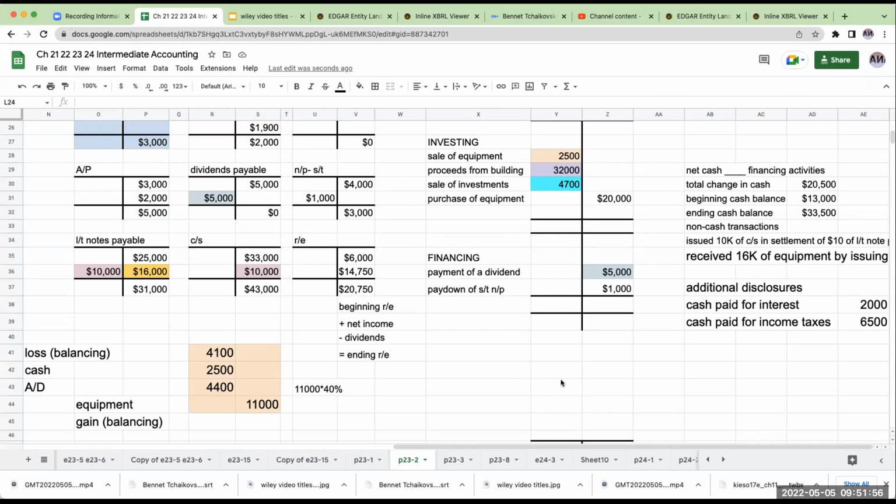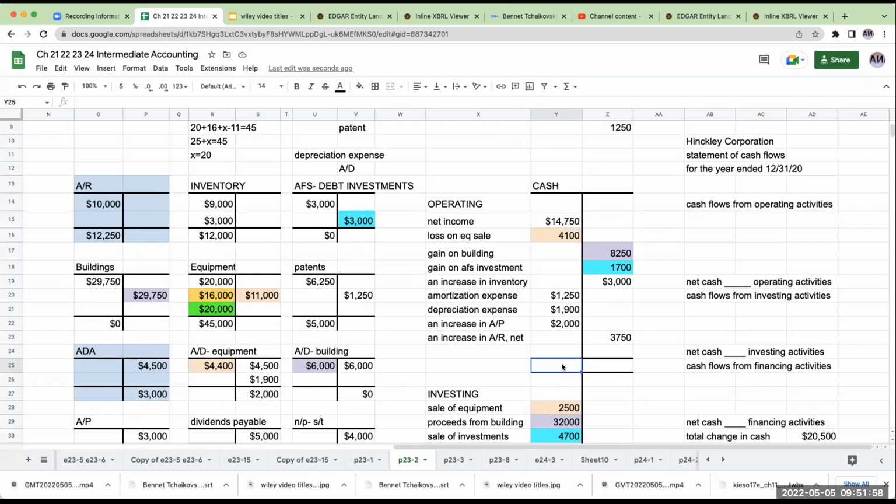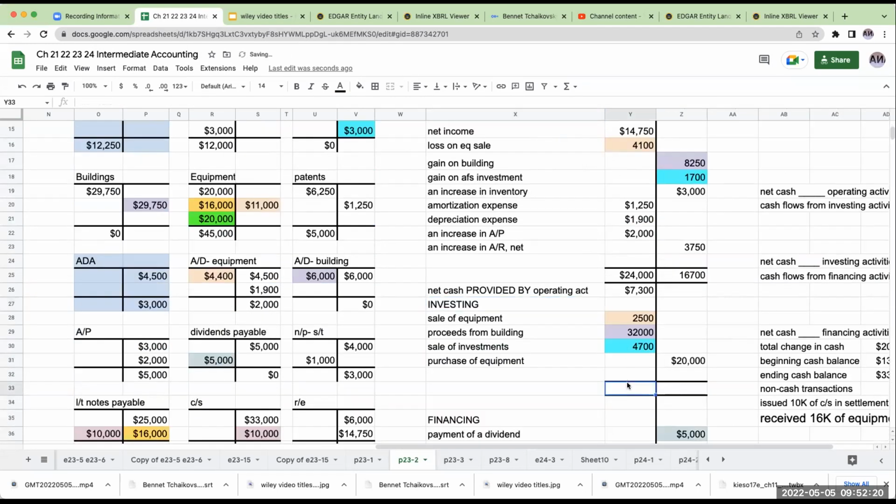Okay, so we've gone through and looked at all of the different T accounts. Now what we're going to do is add up each of our accounts. And right over here, I subtract the smaller from the larger balance. This is net cash provided by operating activities of 7,300. Next one over here is going to be 2,500, 32, 47, and 20.